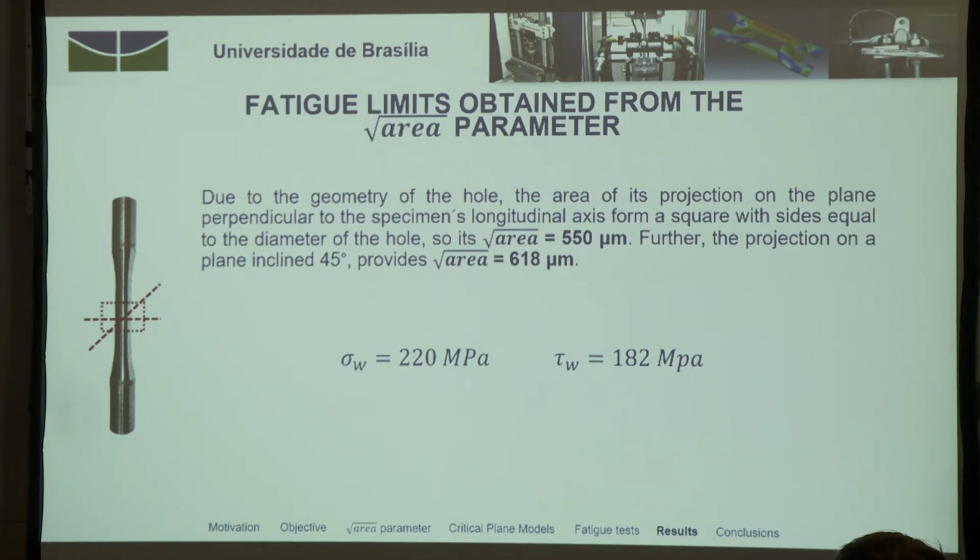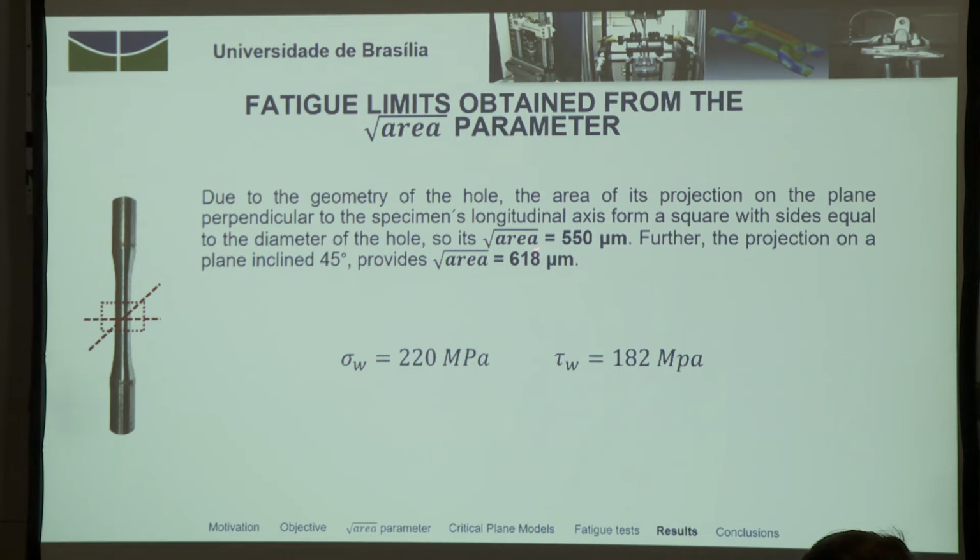The fatigue limits obtained by the square root of area parameter were 220 megapascal in tension-compression and 182 in torsion.